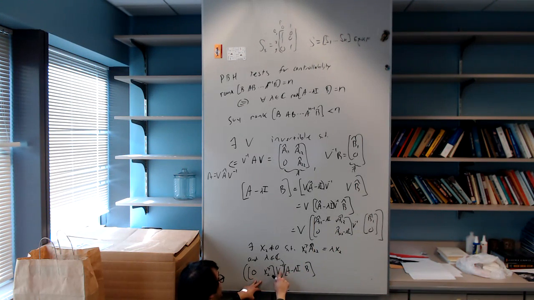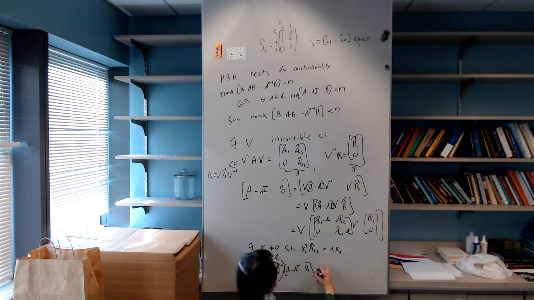The reason is that if this is non-zero, this overall product has to be non-zero because it's a non-zero vector times an invertible matrix. And when I plug this in here, this guy's going to hit with that guy and cancel out entirely.